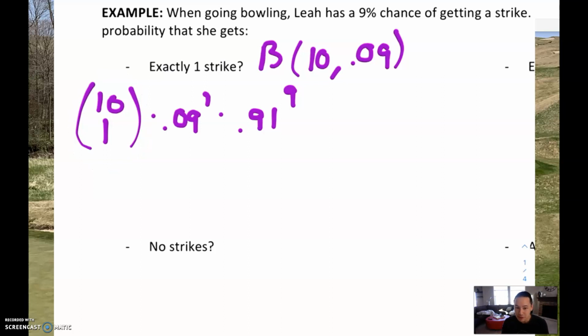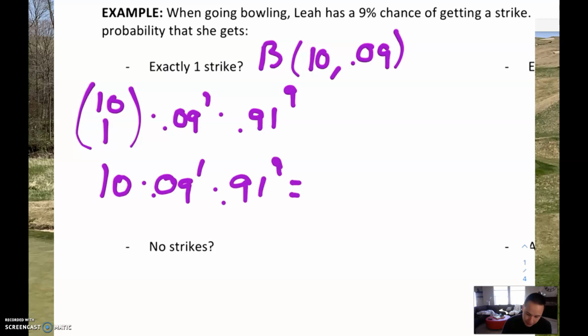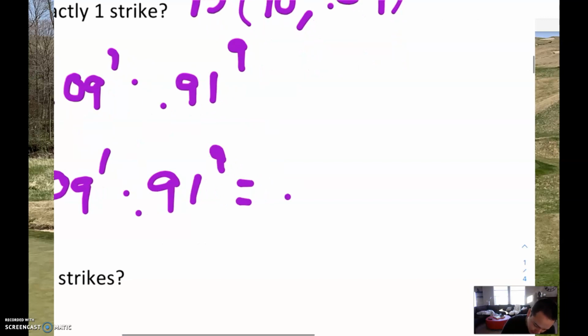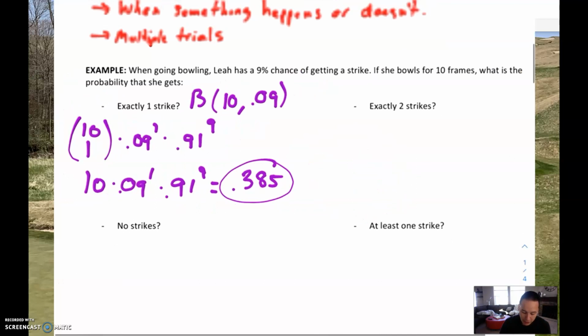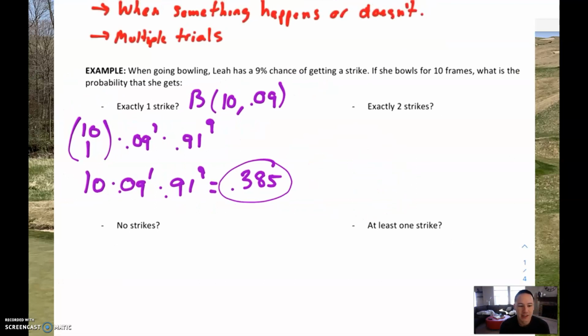It could happen on the first frame, or the second, third, 4th, 5th, 6th, 7th, 8th, 9th, or the 10th frame. There are 10 different ways that she could get exactly 1 strike. And we're going to multiply it by 0.09 to the first times 0.91 to the 9th. If you do that calculation, you end up with a 0.385 probability. So she has a 38.5% chance of getting exactly 1 strike when she goes bowling.